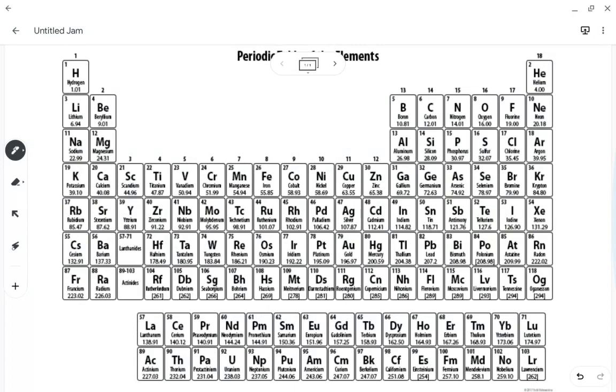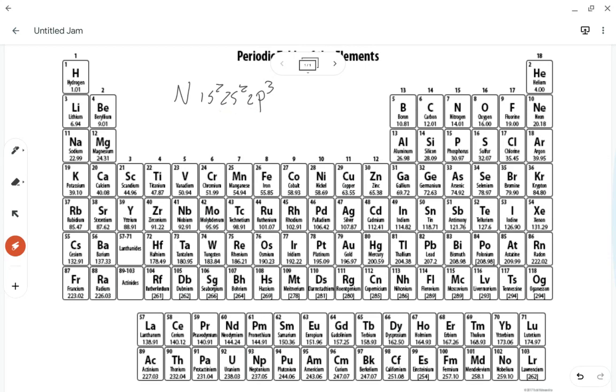So here we have a periodic table. If we pick an element like, for instance, nitrogen, its electron configuration is 1s2, 2s2, 2p3. The valence electrons are the ones in the outermost energy level, in other words, the second energy level.